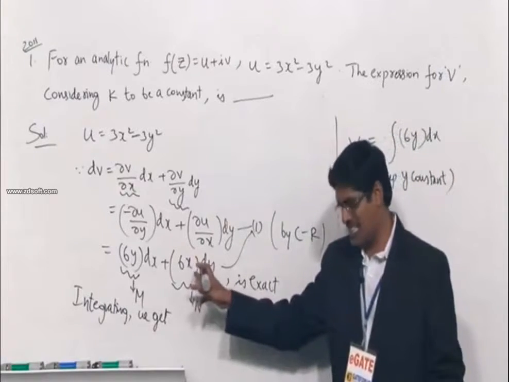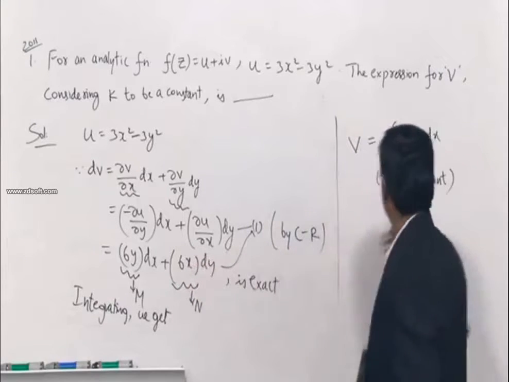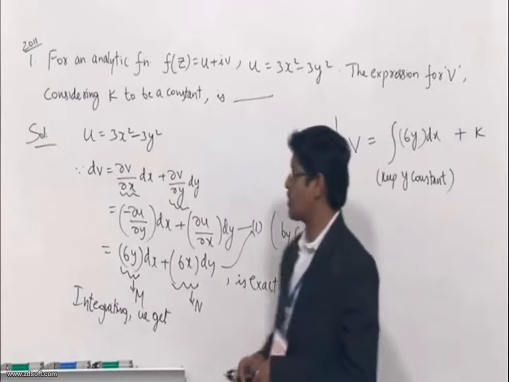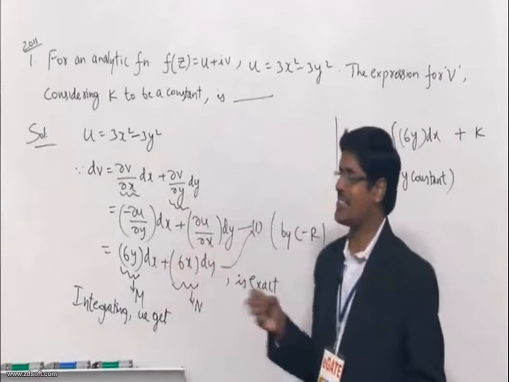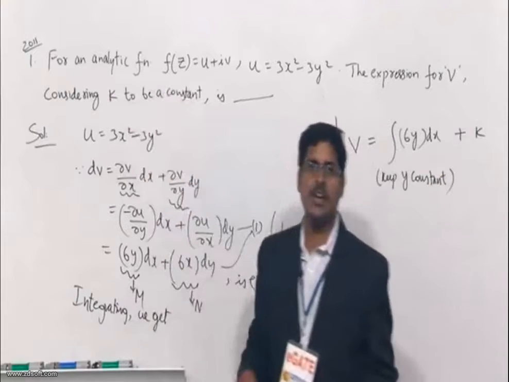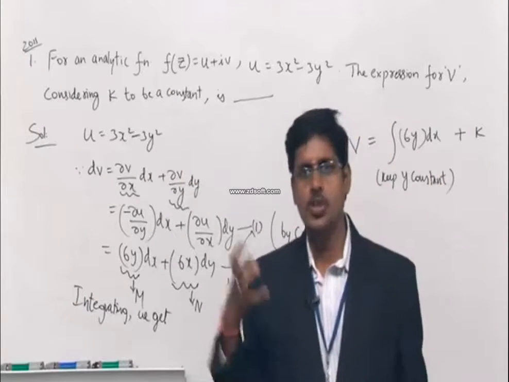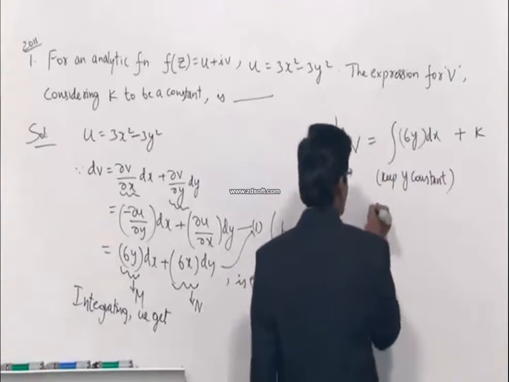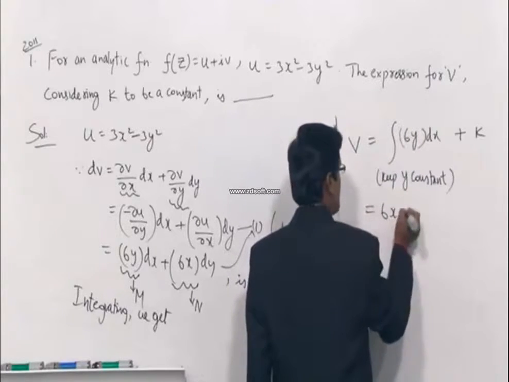There is only one term, 6x, which contains x, so leave that term and then add k, because I gave the procedure that after integrating I add the constant c. Here it is mentioned in the question, considering k to be a constant. That means after integrating you should add k instead of c. So 6y constant integrating with respect to x becomes 6xy plus k.